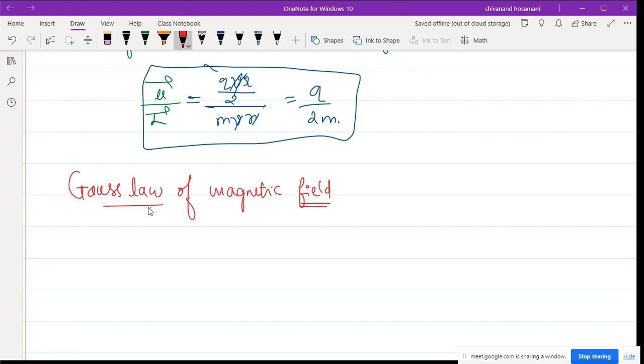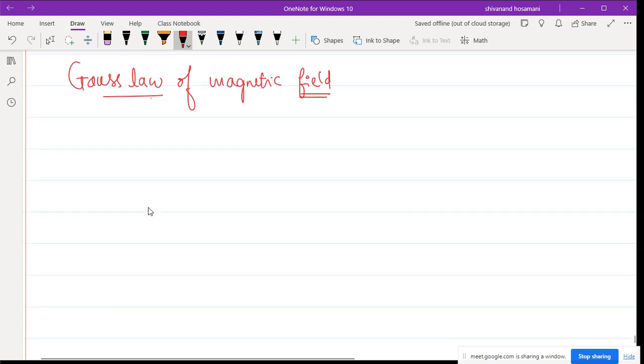Gauss law is nothing but the magnetic flux coming out of a closed surface. Or any flux, there is flux coming out of or diverging from a closed surface.